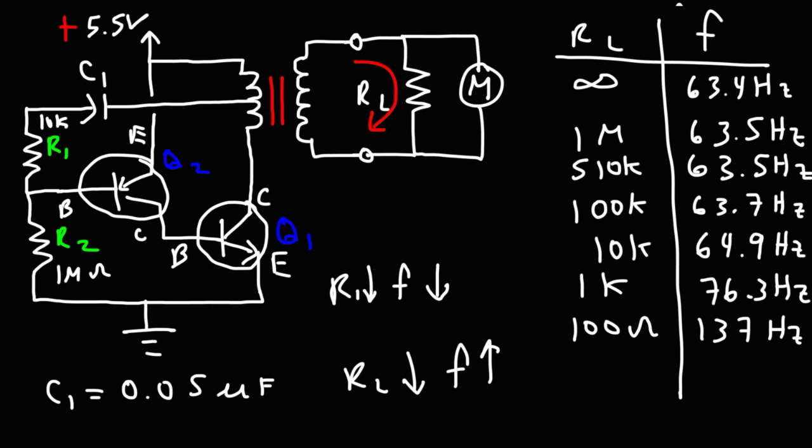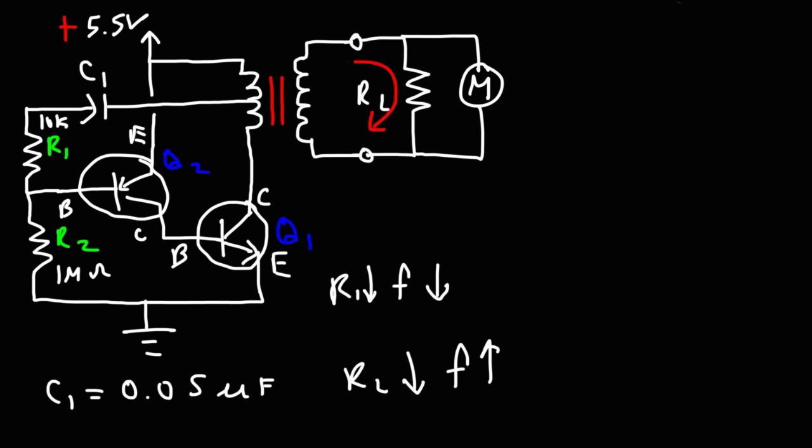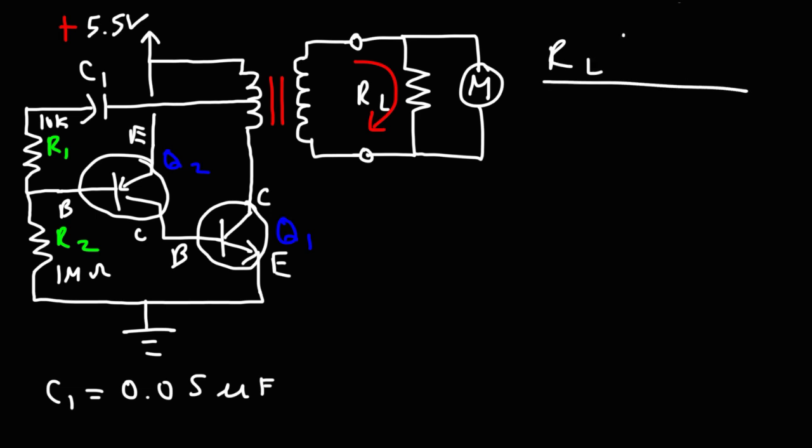Now we need to talk about the power consumed by the circuit, because if the current flowing through the two transistors is too high, it can damage the components. The load resistor affects how much current is being drawn from the battery. So IB is the current flowing from the battery.